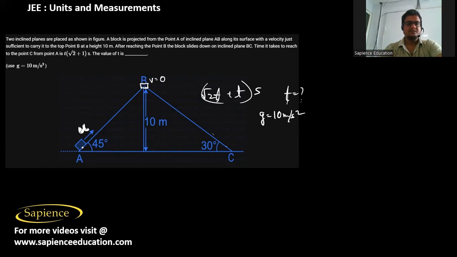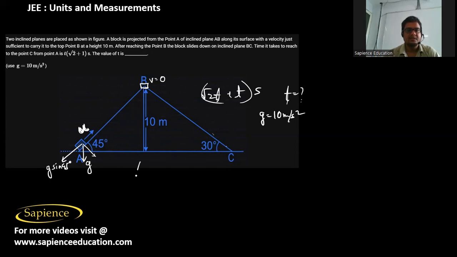So here there will be a retardation actually. Here g is acting vertically downwards. So along the incline, this will be 45 degrees. So this will be g sin 45 degree.